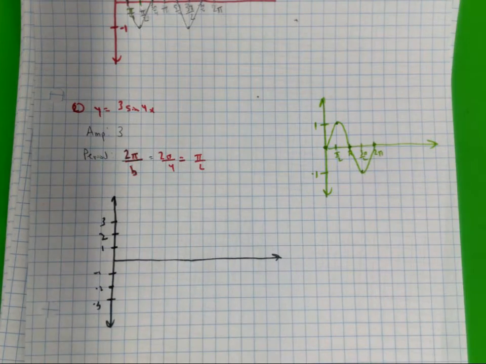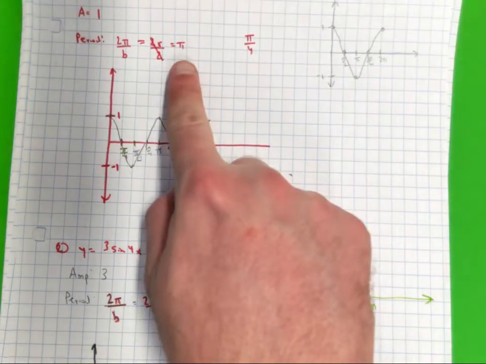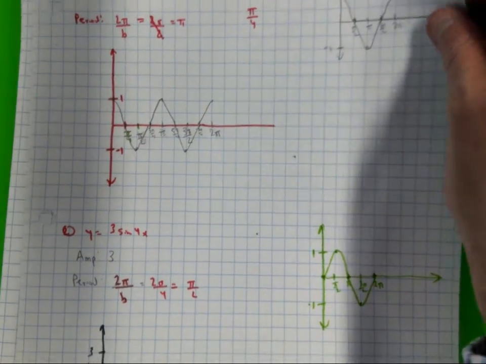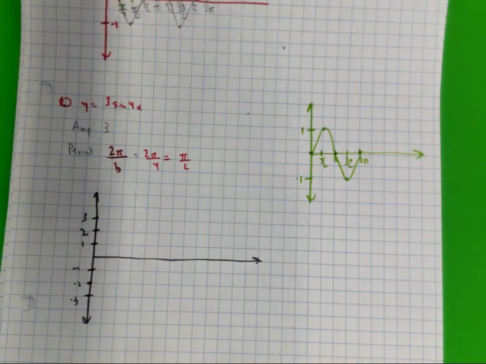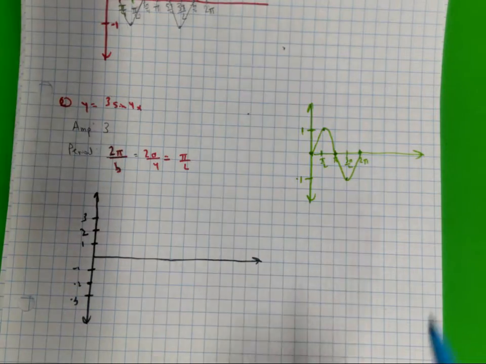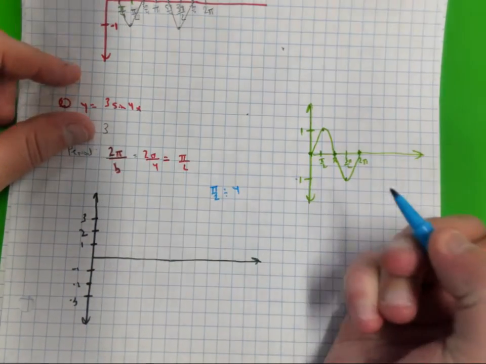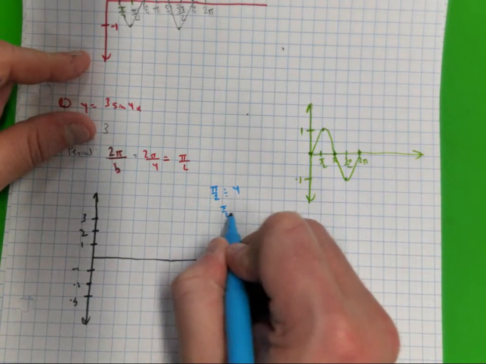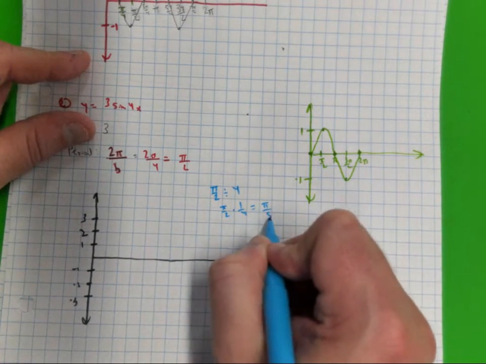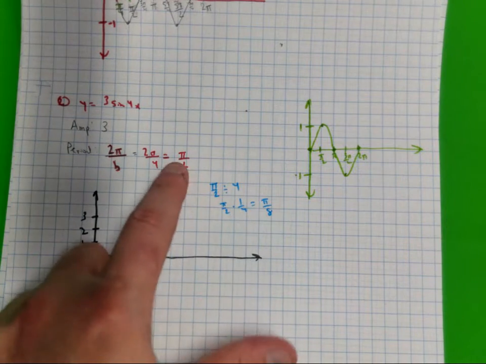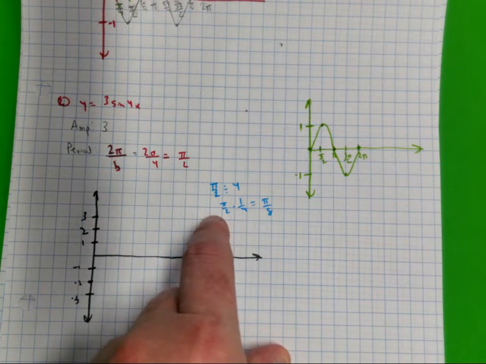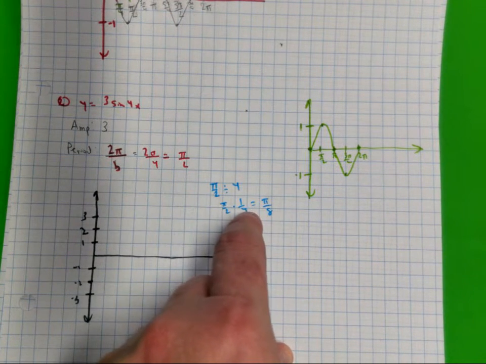You have to take your period and divide by 4. So watch this now. This was very easy up here. Pi divided by 4 is pi over 4. But here, I'm going to do some basic math. I take this and I divide by 4. That gives me pi over 8. So that means I took pi over 2 divided by 4, flip, you multiply by the reciprocal, and get pi over 8.